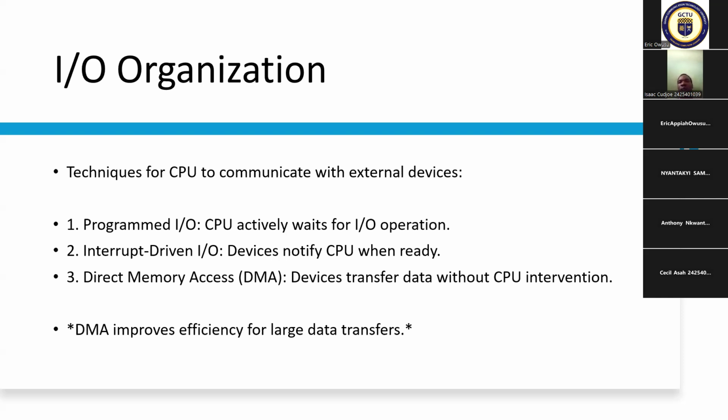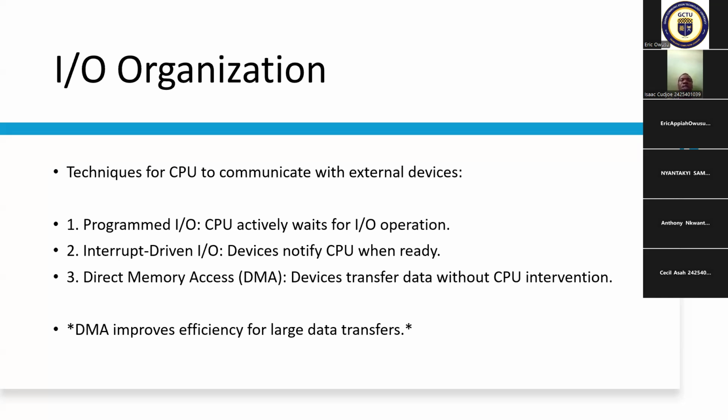The goal is to allow smooth, efficient data exchange between the CPU, memory, and peripherals. Why does I/O organization matter? I/O operations are slower than CPU or memory operations. Efficient I/O management prevents the CPU from wasting time waiting for I/O devices, and enhances system performance and responsiveness.